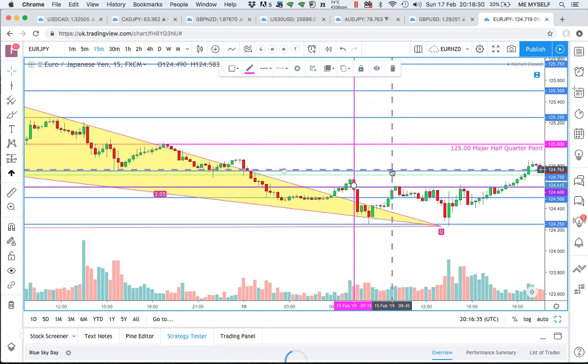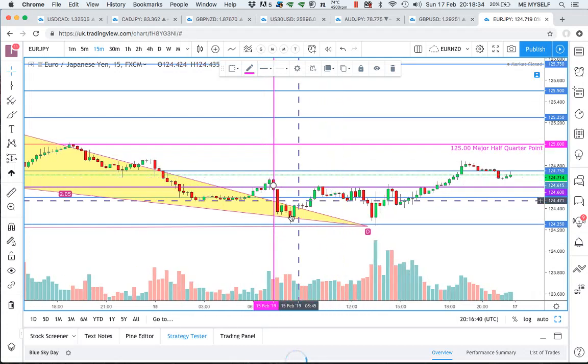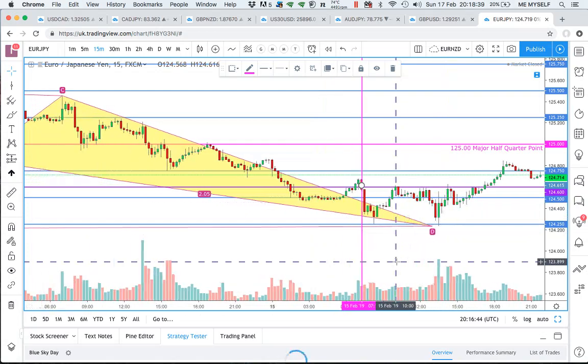So right at that candle right there, that's where we're seeing. Okay, so great. So look what's happening here now.